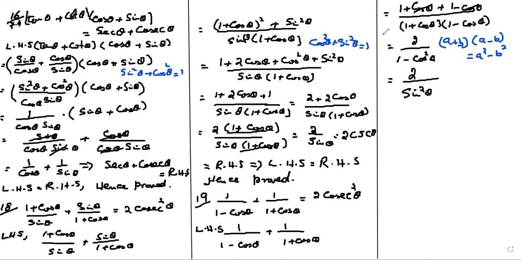And I will explain it as well: 1 minus cosine square theta equals sine square theta. Right? So we have 2 over sine square theta. 1 over sine theta is equal to cosecant theta, so equals 2 times cosecant square theta, which is equal to the right hand side.